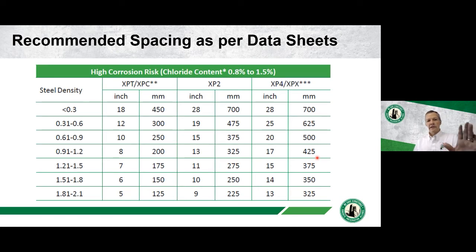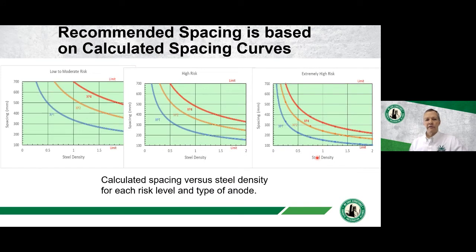Now, these tables that are in the data sheet are simplifications of calculated curves that have been calculated for each of these scenarios. So we were looking at the high risk table from the data sheet. The high risk table is certain points taken off of these continuous curves that have been calculated.